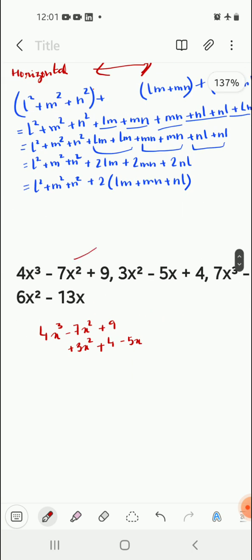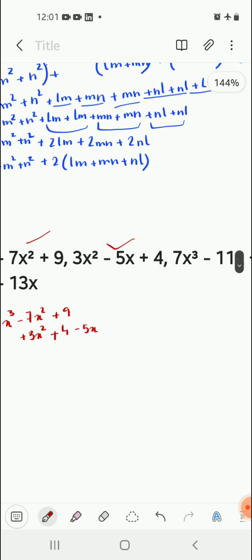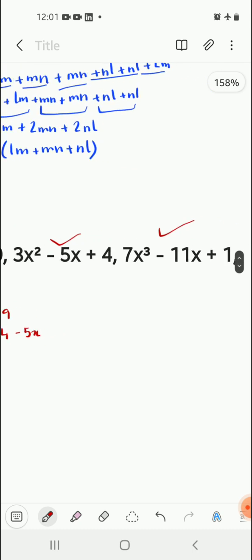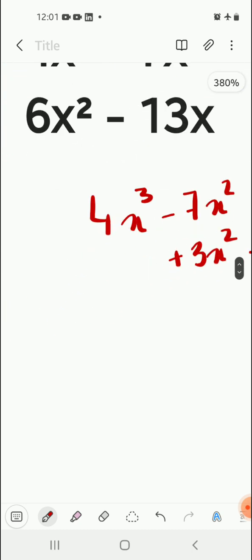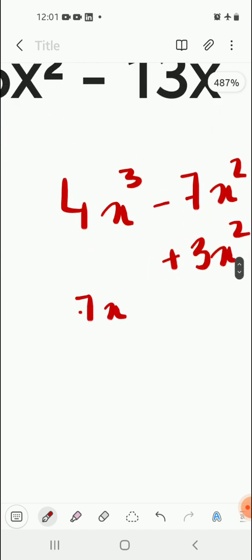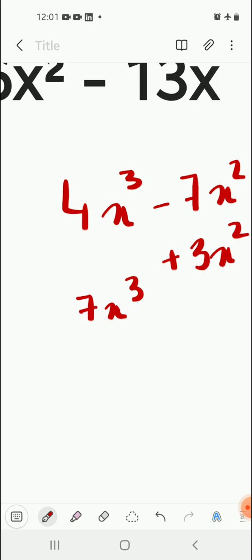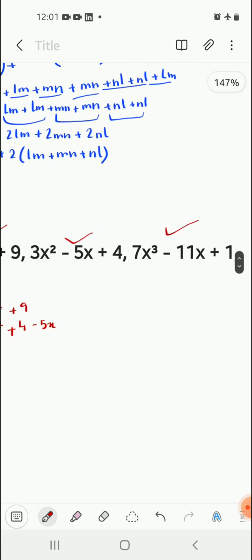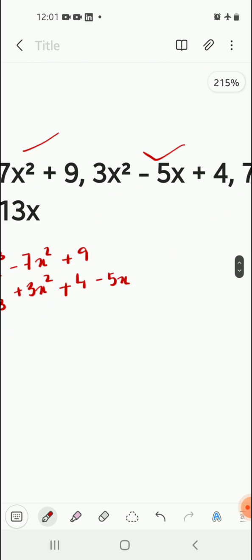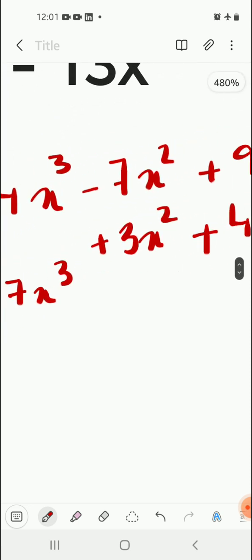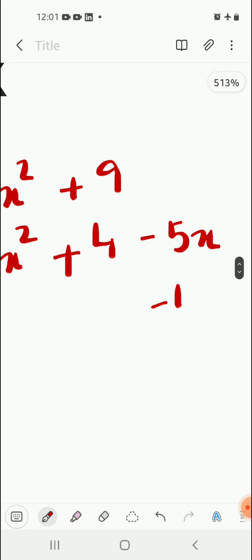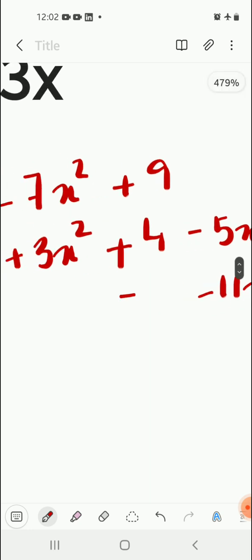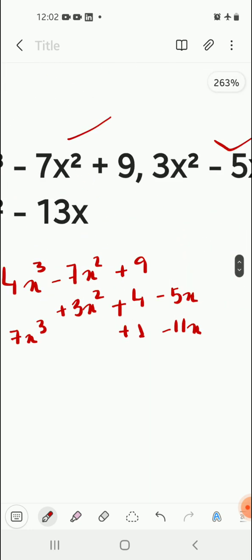So we're done with the first one and the second one. Then third one, 7x cube minus 11x, so 7x cube under this 4x cube. After this we have got plus, minus 11x plus 1.